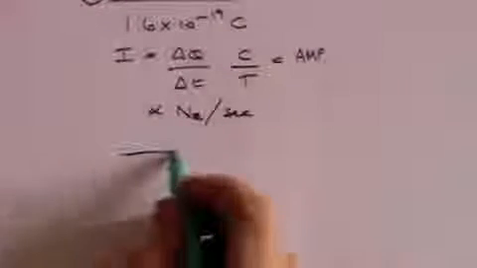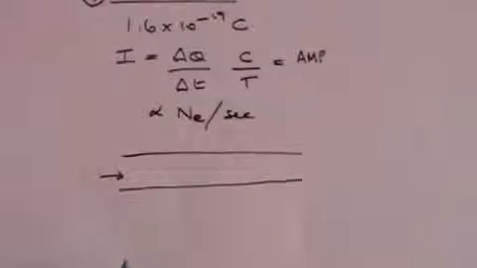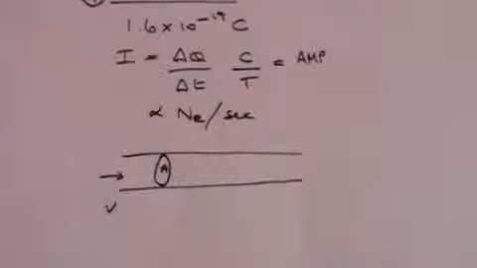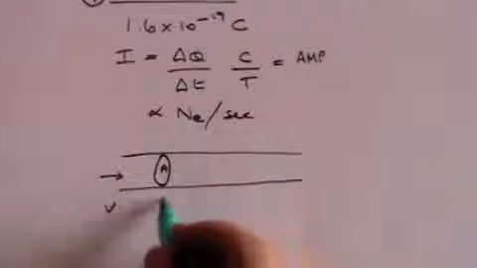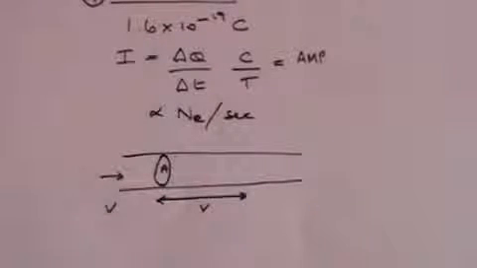Let's see if we can get that just a little bit more accurate. Here is a length of wire, and electrons are flowing through the wire in that direction. And we're going to say that the average velocity, or what we call the drift velocity of the electrons, is v meters per second. We're going to have the cross-section of the wire with an area A, and so in 1 second the electrons will travel a distance of v meters, because they're travelling at v meters per second.